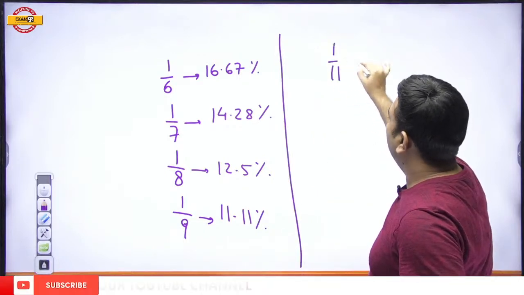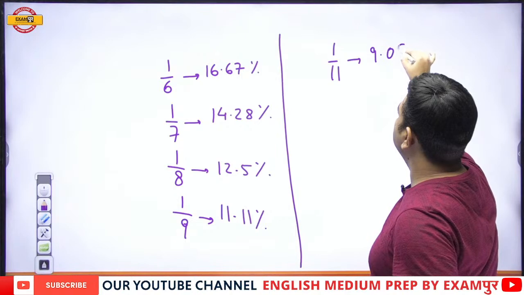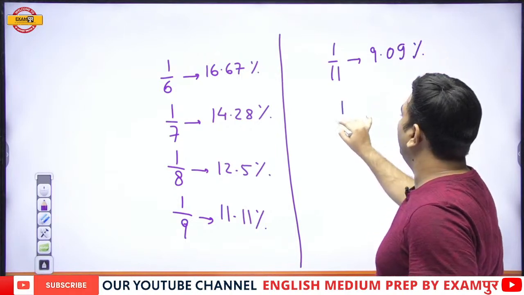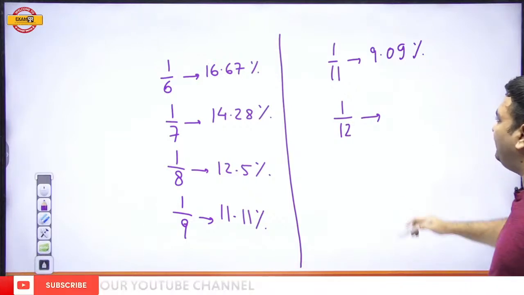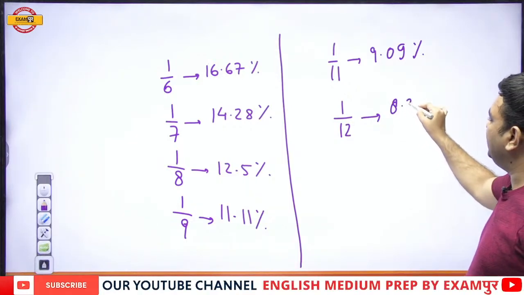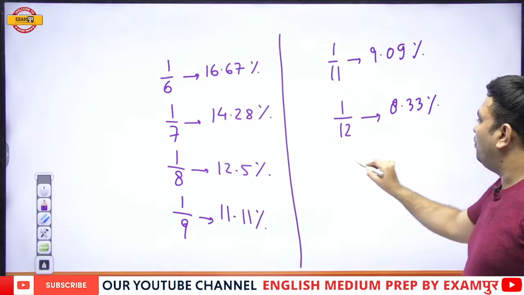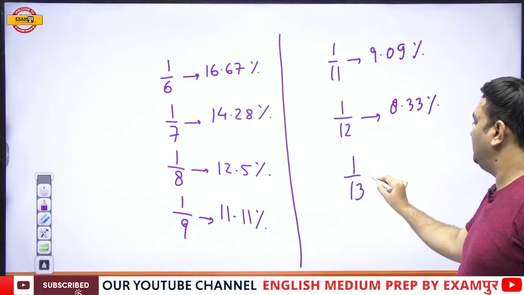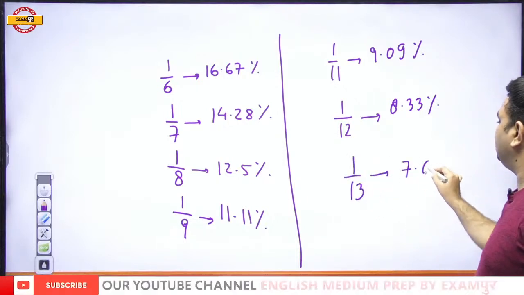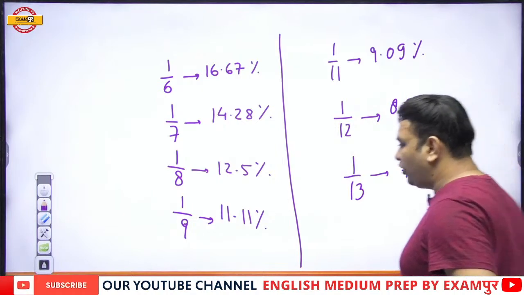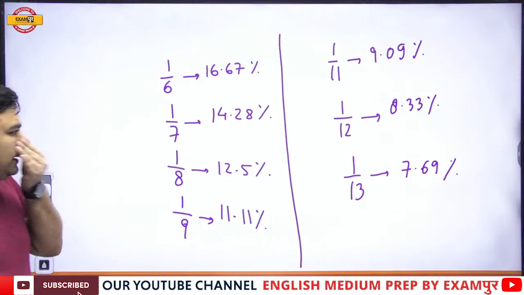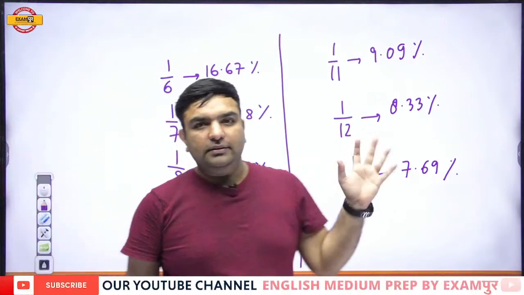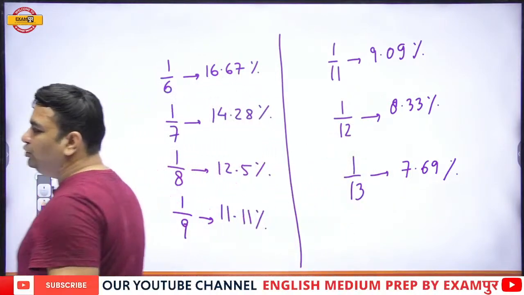1 by 11 is 9.09%. 1 by 12 is 8.33%. 1 by 13 is 7.69%. Take a screenshot of this page, and make sure these are learned.